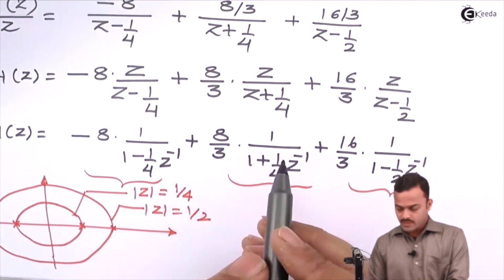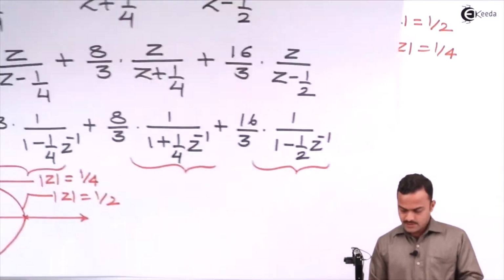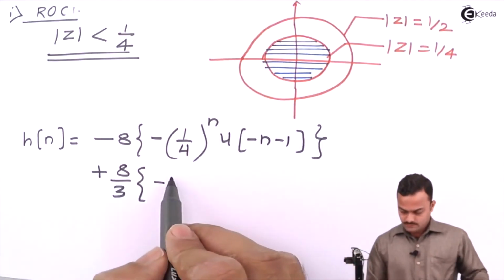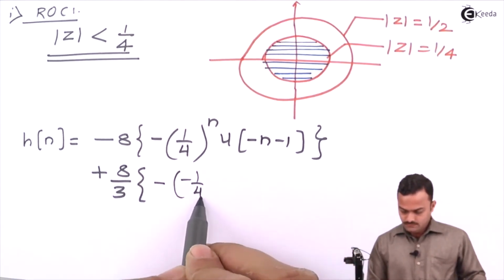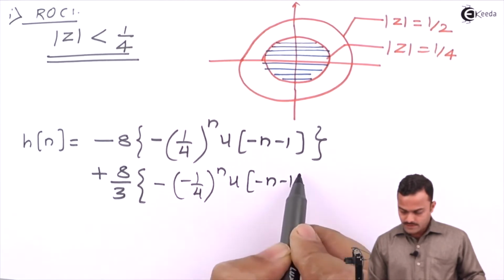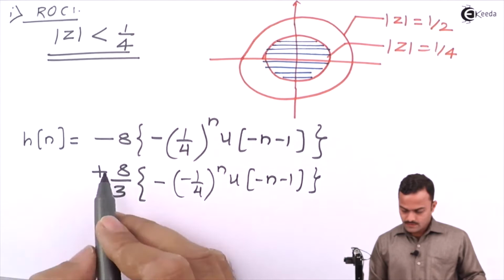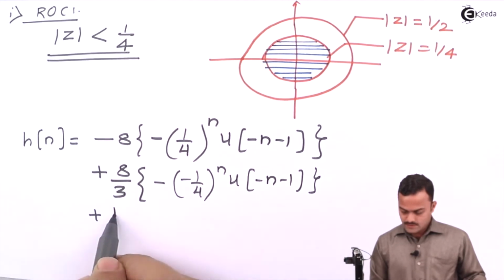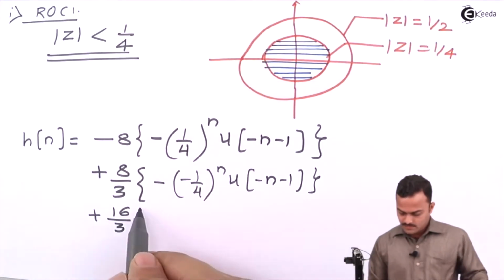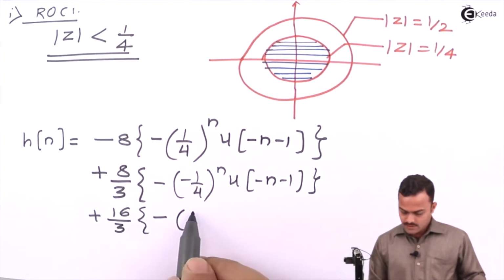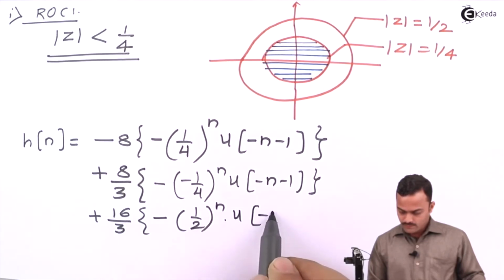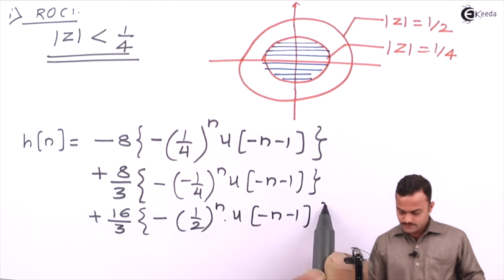We need to adjust the minus term over here. It's minus, and remember it is minus 1 by 4 raised to n, u of minus n minus 1, and finally plus 16 by 3. Here it is minus 1 by 2 raised to n u of minus n minus 1.